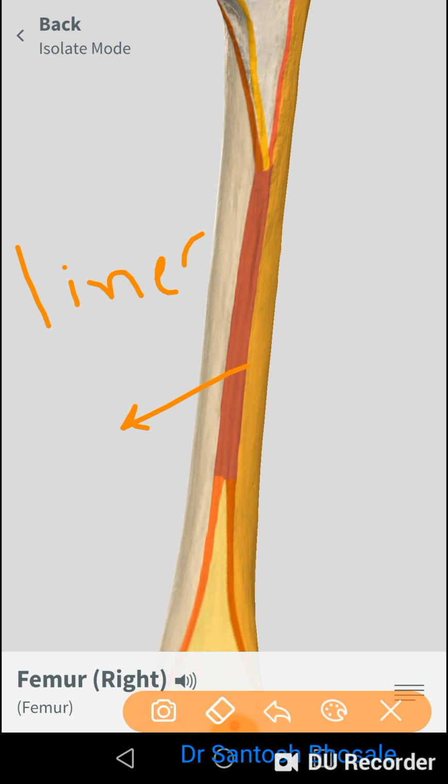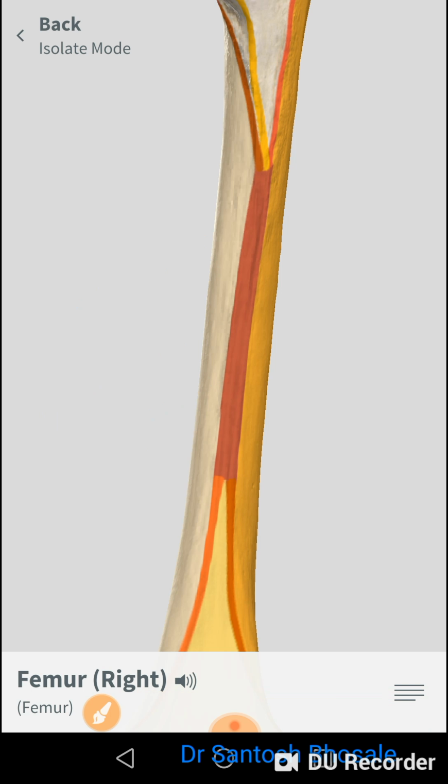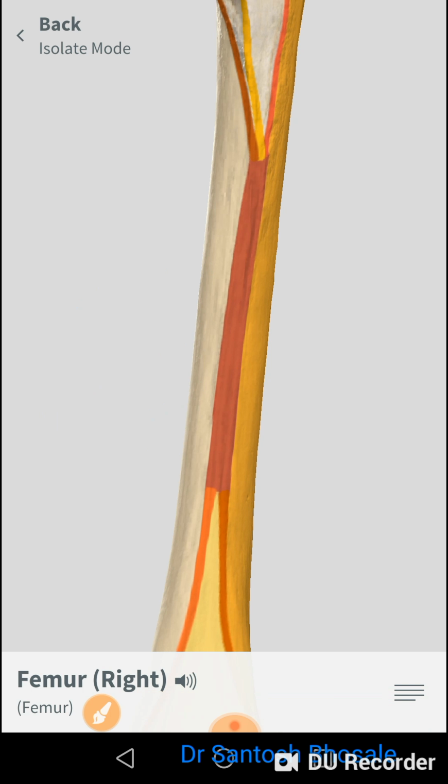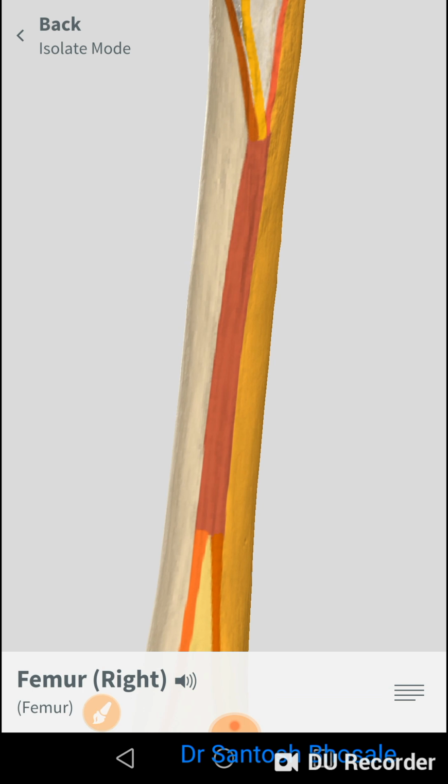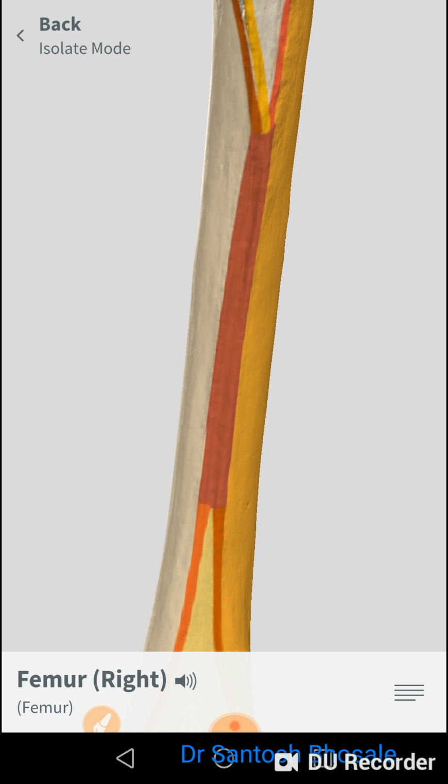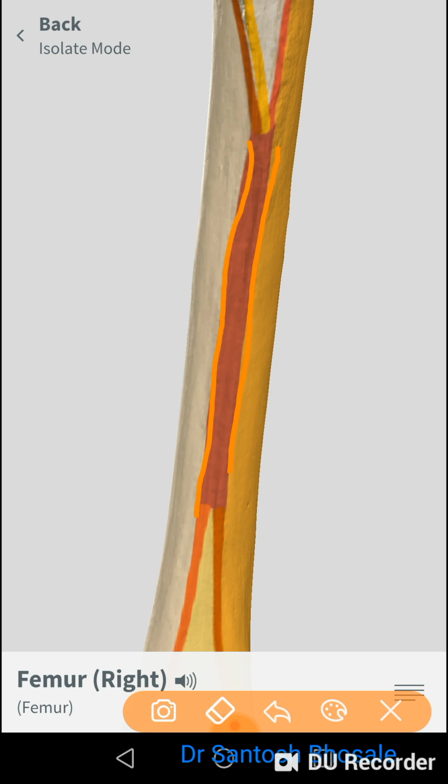Aspera means thickened, whereas linea means line. So the posterior border is nothing but the linea aspera, thickened line. And you can see linea aspera has distinct medial and lateral lips. This entire thing is the medial lip, and this is the lateral lip.